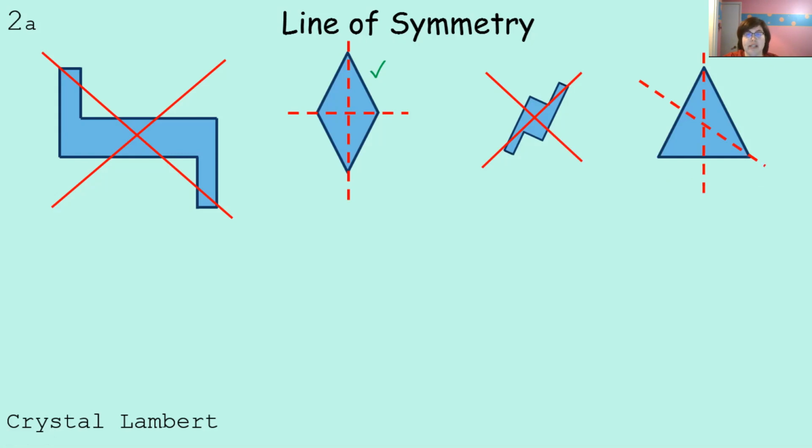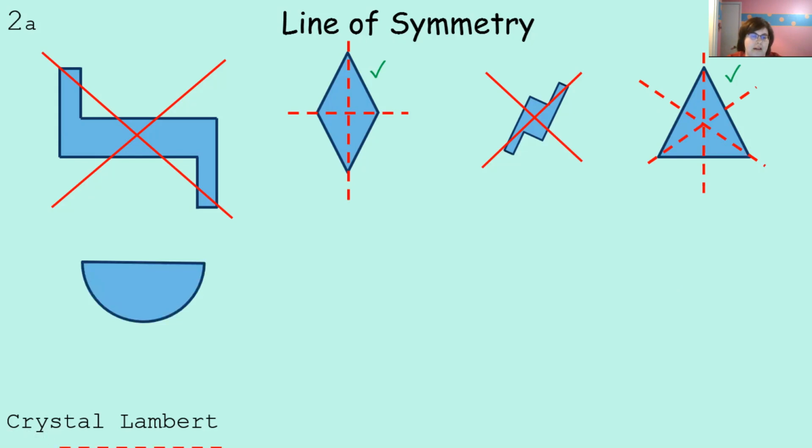But here we go. Did you think about this one? If we put it at an angle and fold it across this dotted line right here, this is going to give us an exact fold. And once again, we could do it the other way. So this is a symmetrical shape.